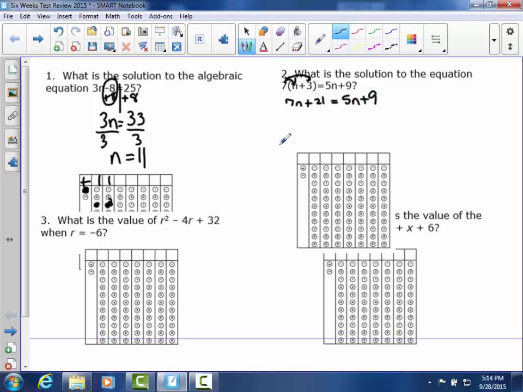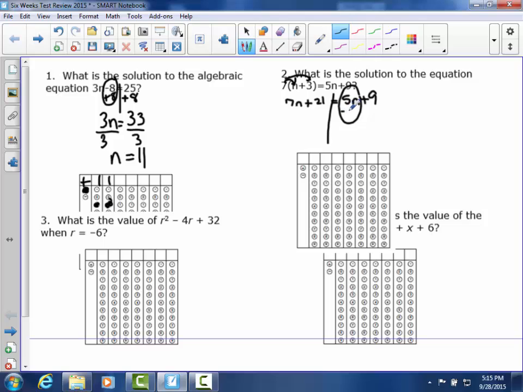Okay, so I've got n's on both sides of the equation, and I've got numbers on both sides of the equation, so I want to move those items so that I only have n's on one side and numbers on the other. I'm going to choose to have my n's over here on the left-hand side, so this 5n needs to go.